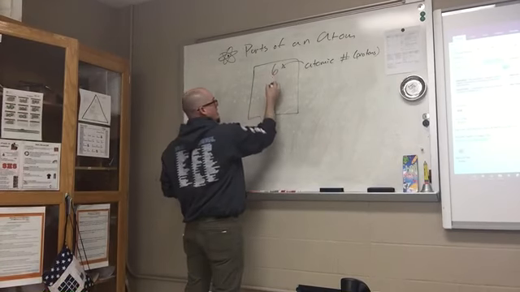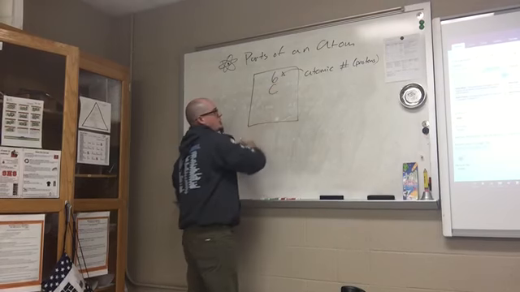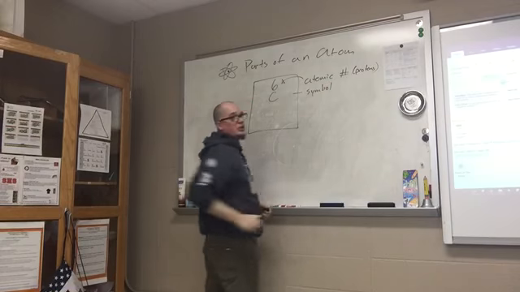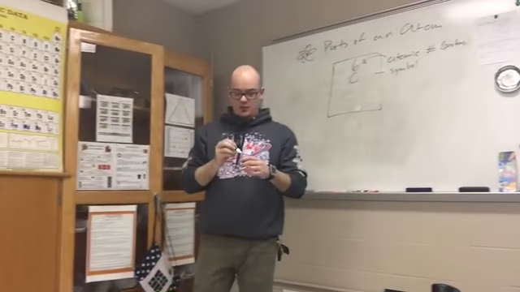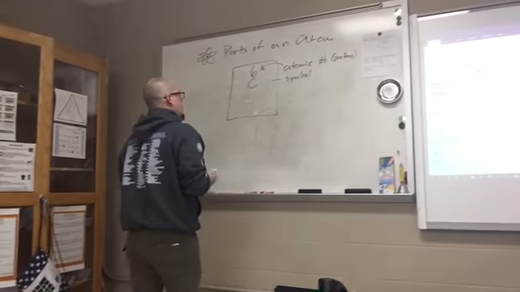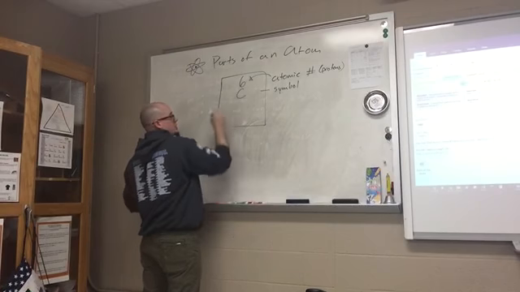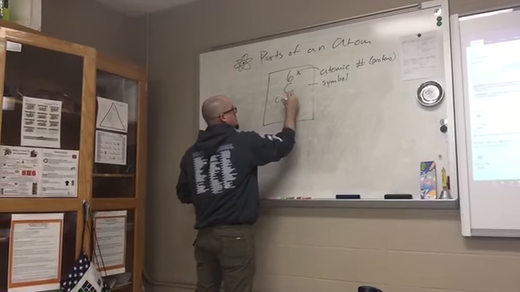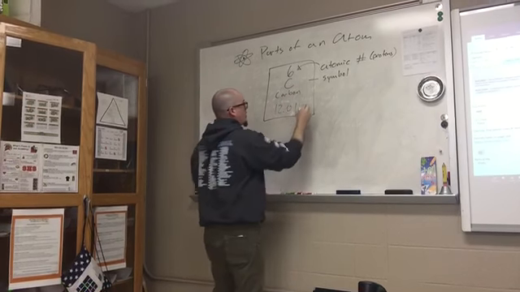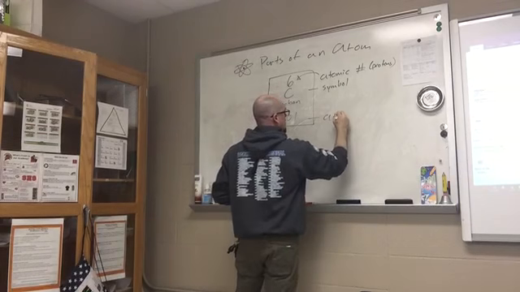Now, underneath the atomic number, you're going to see something we call the symbol. That's like an abbreviation for that element. So C is for carbon. We are all carbon-based life forms, so I'm using carbon because it's important. Underneath the letter or symbol, you're going to see the name. And then below that, you're going to get something called the atomic mass.